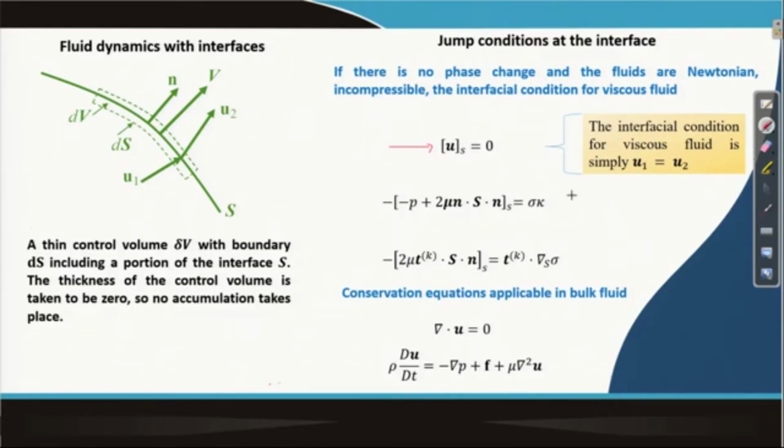Now, we also mentioned that we have to look at the stress tensor part in order to explain the next two equations. And we also remember that surface tension plays a role in defining how stresses are going to occur at the interface.